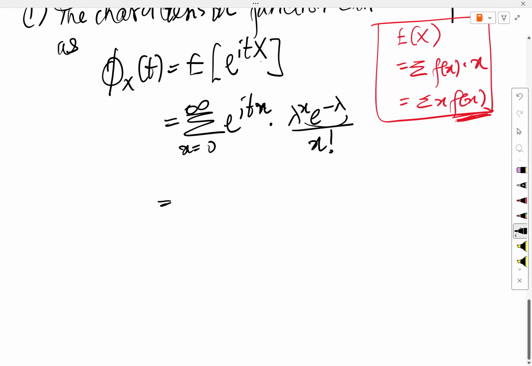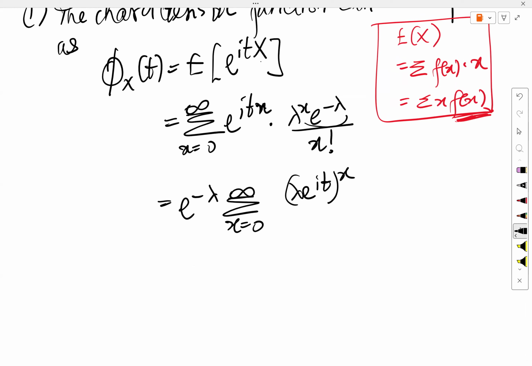So we have e raised to minus lambda out here, and the summation from x equals 0 to infinity of lambda e raised to the power it, raised to the power x, all over x factorial. These are the things that involve x.